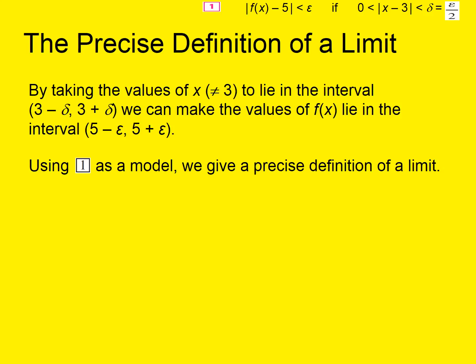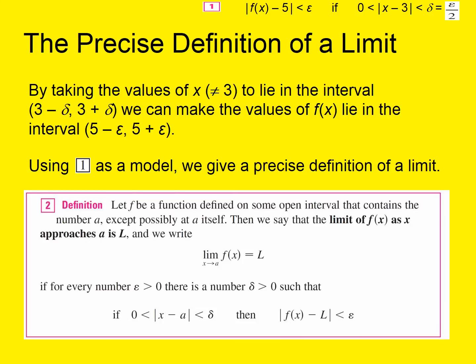Now, we proved a limit about the function 2x minus 1 and the limit 5 with x approaching 3. Using this as a model, we give a precise definition of a limit. Okay, so here it is. You can save that as a picture, make it your desktop, memorize it, whatever.